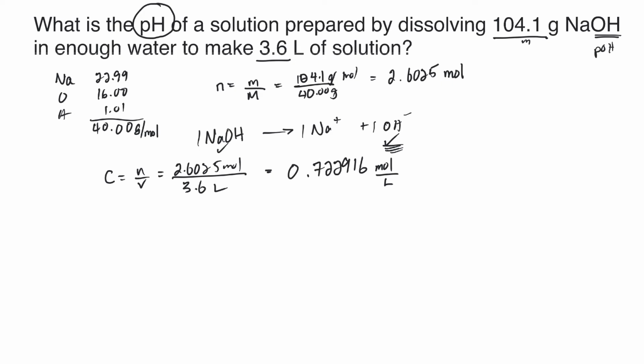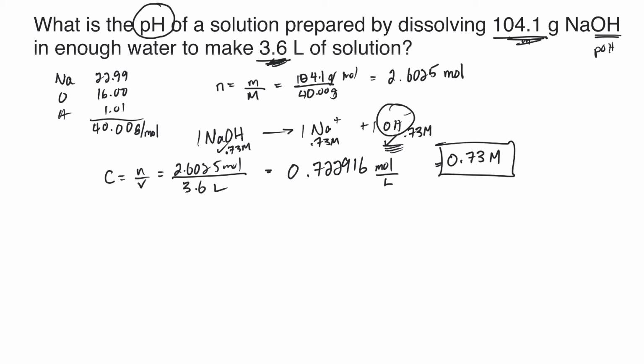If you're interested in doing sig figs, I'm going to keep the number in my calculator, but for sig figs, I only have 2 sig figs. There's 4 and here's 2, so it'd just be 2. So that would be 0.72 molar. That would be the concentration of sodium hydroxide, and it'll also be the concentration of sodium ions, and it'll be the concentration of the hydroxide ions, which is what we're wanting.